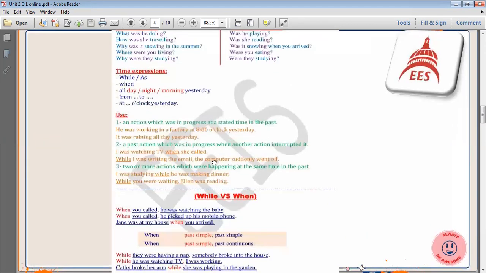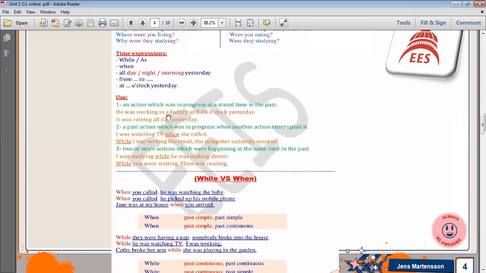Let's take a look at the usage. When we use the past continuous, we use it to talk about an action which was in progress at a stated time in the past. An action was happening at a specific stated time in the past.